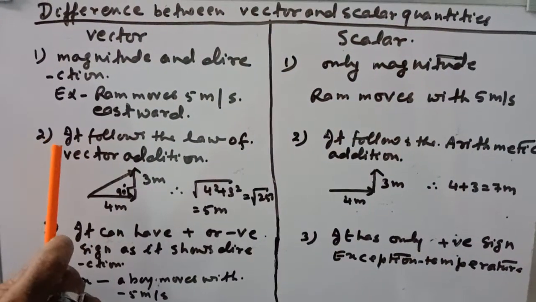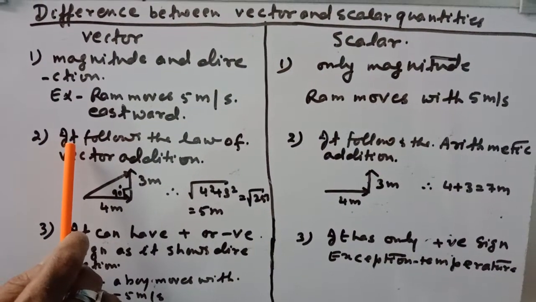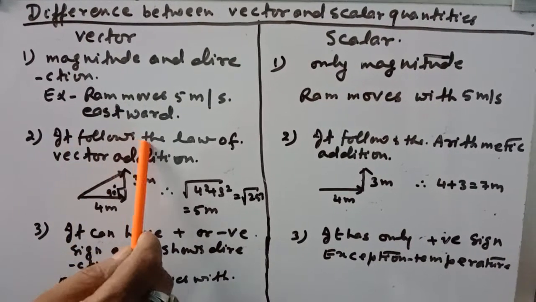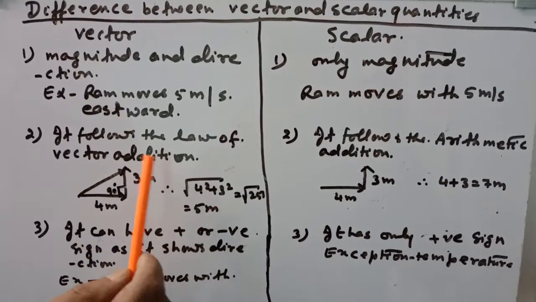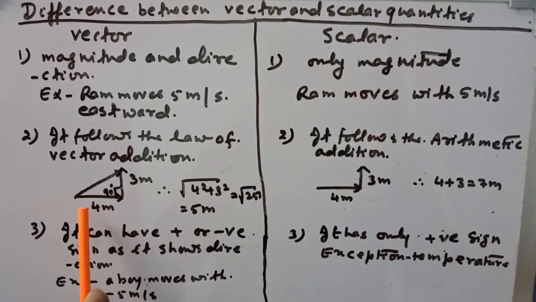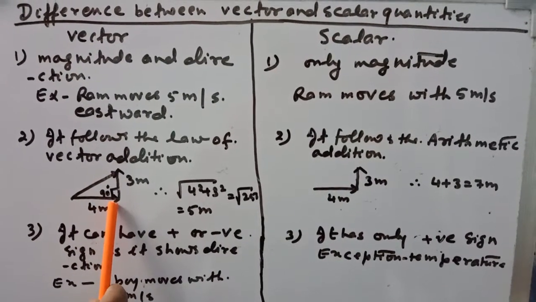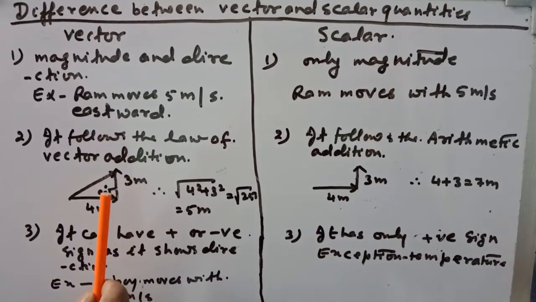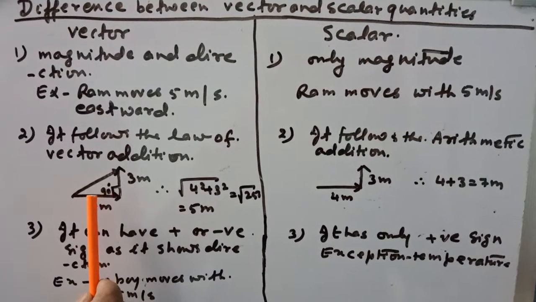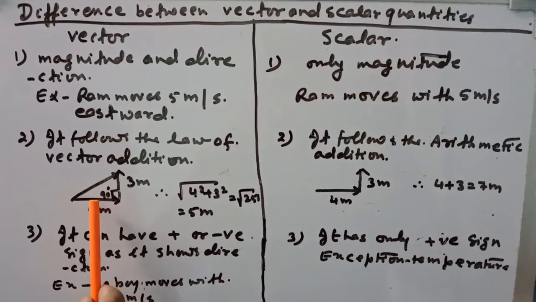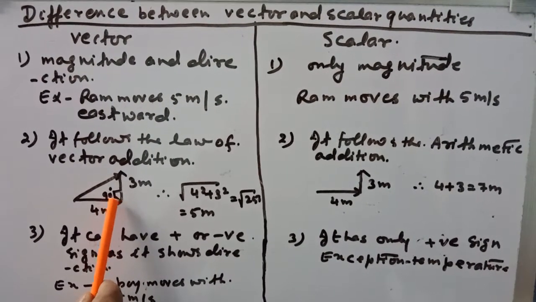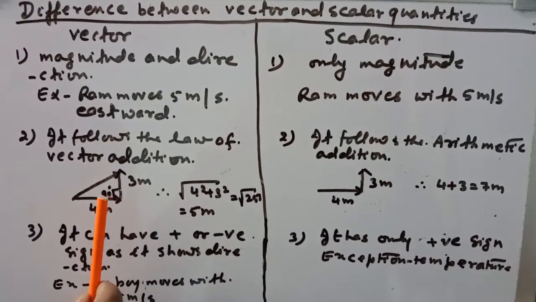Now come to the second one. The essential condition for a quantity to be a vector quantity is that it follows the law of vector addition. Here a person moves 4 meter eastward and then turns left and moves 3 meter. Now it has displacement, and displacement is a vector quantity because we are taking into consideration the angle.